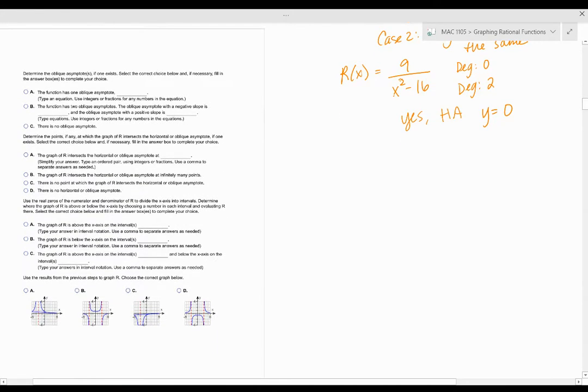All right, the next part says determine the oblique asymptotes if one exists. So if we're looking for oblique asymptotes, I abbreviate them OAs. Remember, oblique asymptotes happen if your larger degree is in the numerator, and the difference of your degrees can only be by 1.